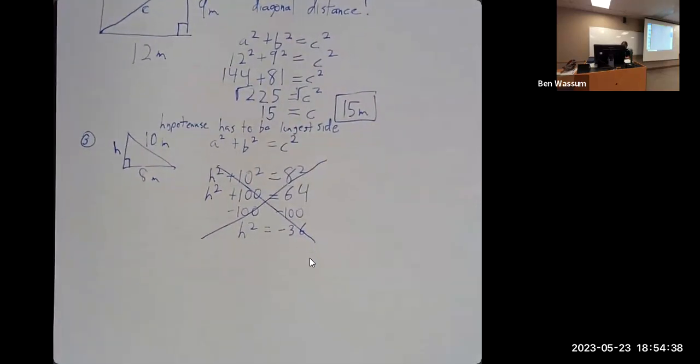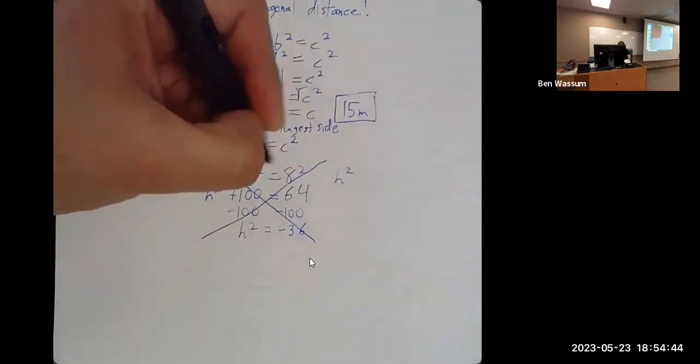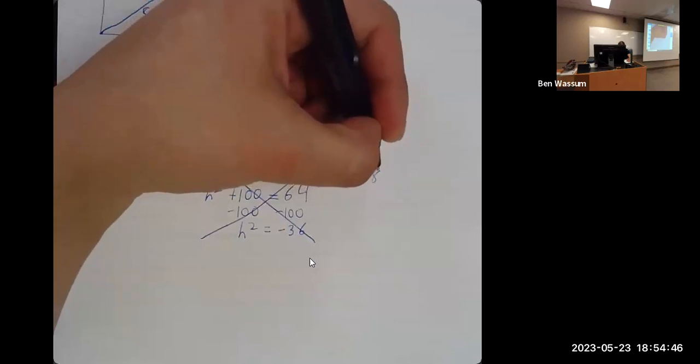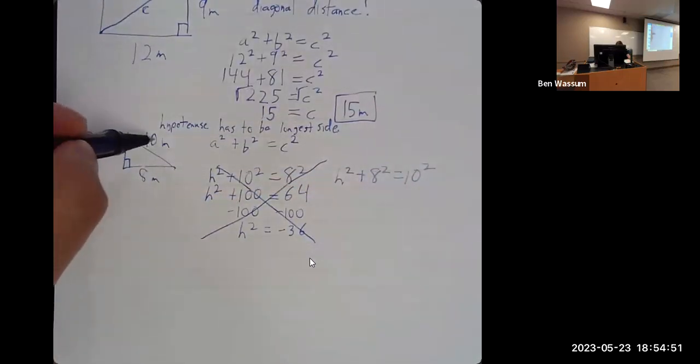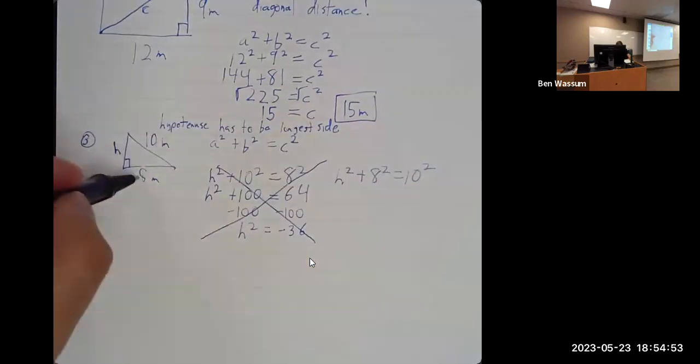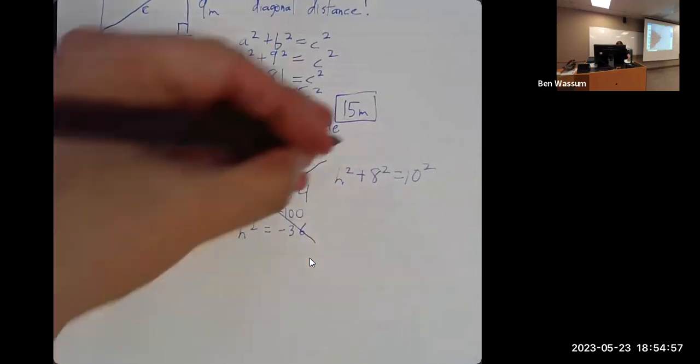So let's see what happens after I make that little change. Now, the only real difference is that these guys are going to be in a different spot, right? So now the hypotenuse squared is 10 squared and the leg squared is 8 squared. So all that's really happened is these guys flipped around.